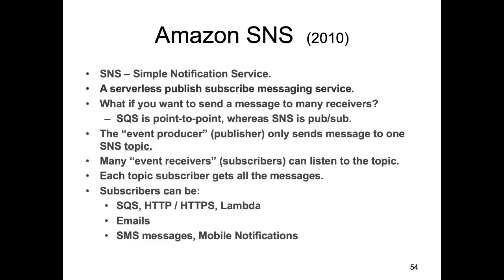Now, on the subscribing side, there are lots of resources that could be a subscriber, and we've seen some of them in the lab. So an SQS queue could be a subscriber. A Lambda could be a subscriber. Even an HTTP endpoint could be a subscriber.